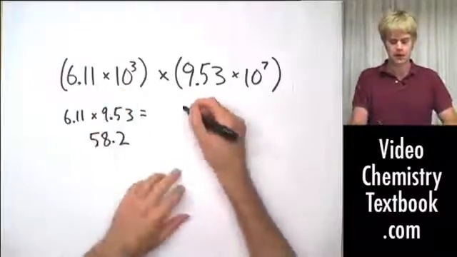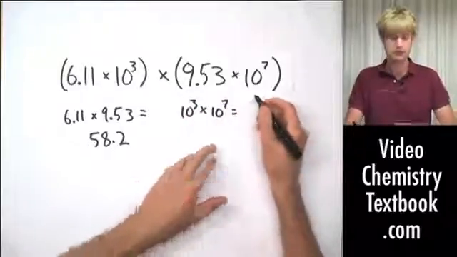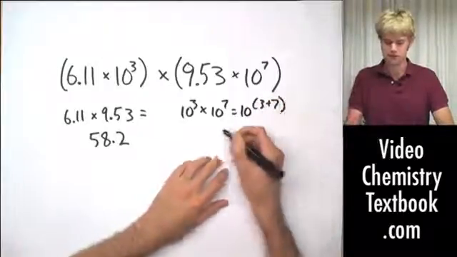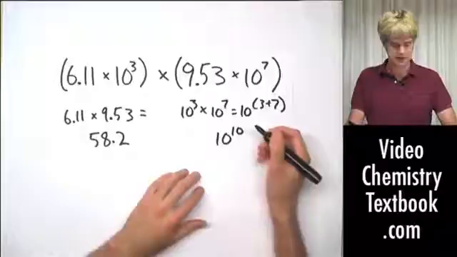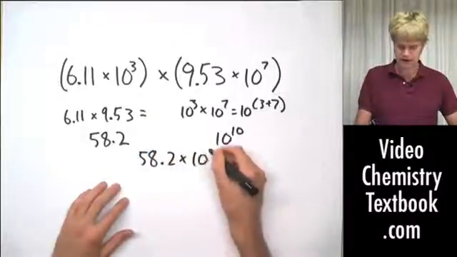And then 10 to the third times 10 to the 7th, which equals, because it's multiplication, we add, 10 to the 3 plus 7 equals 10 to the 10th. So we can write this as 58.2 times 10 to the 10th.